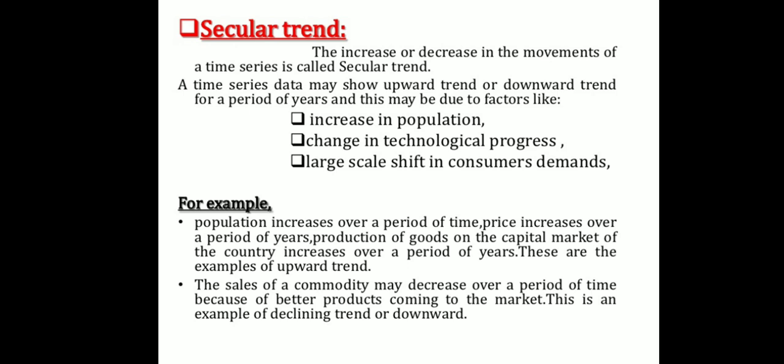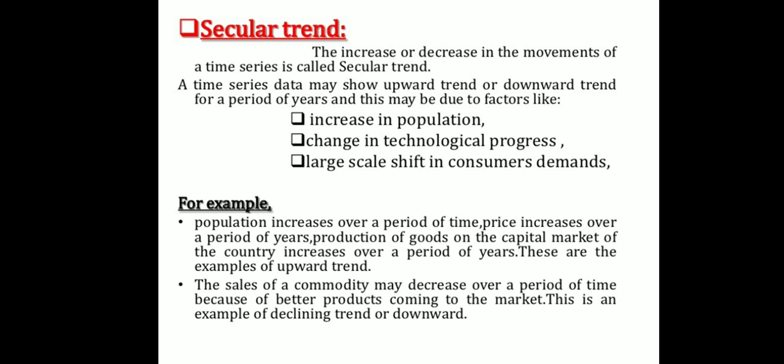Suppose rainfall data is collected in different years. That is a time series. So make out the difference. Time series, as the name itself says, means with respect to time.